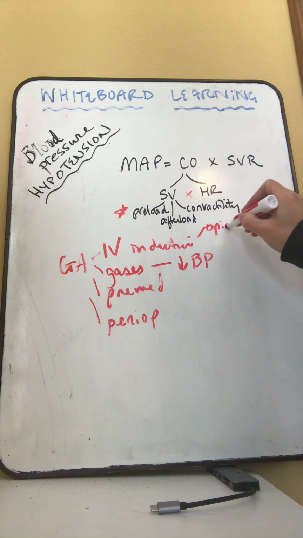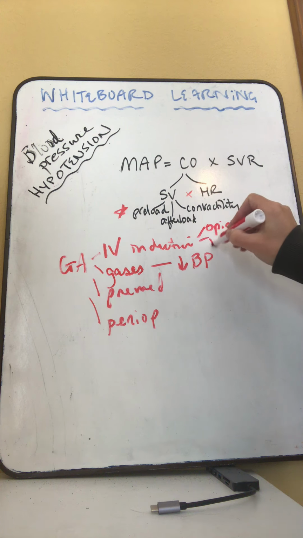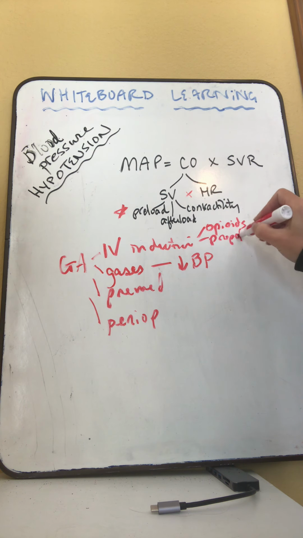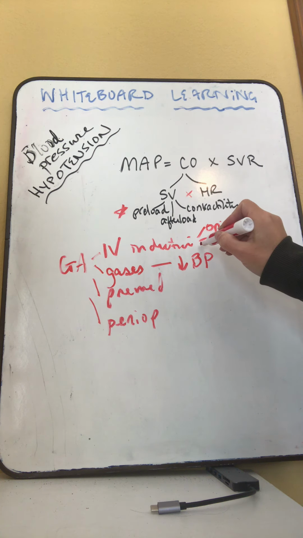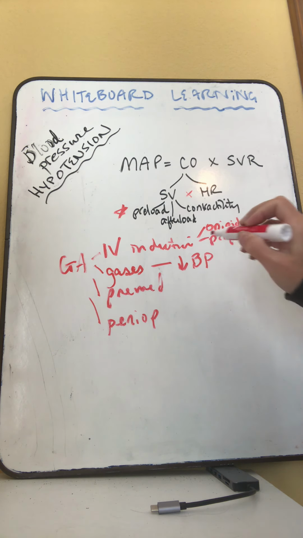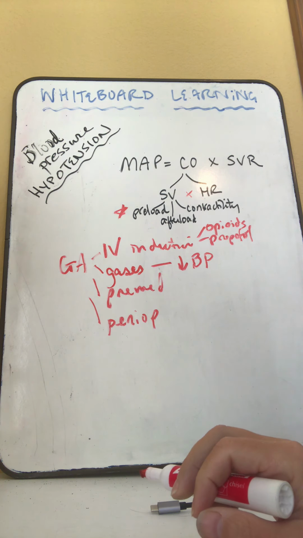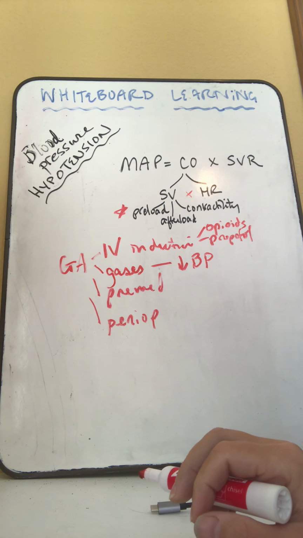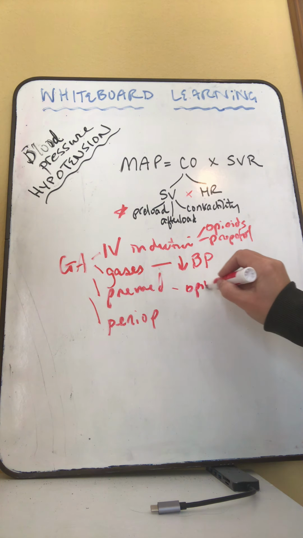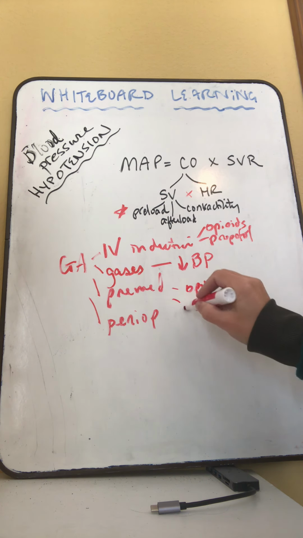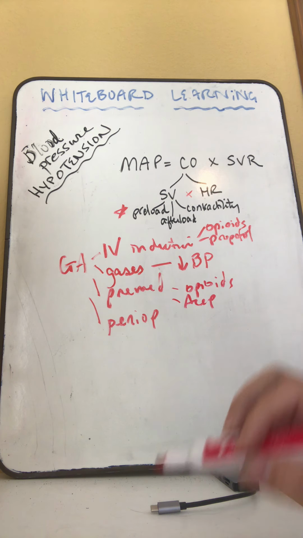So opioids and propofol, and also a little bit of Valium, those type of drugs, but mostly it's the opioids and propofol that will lower your blood pressure right away. And we think about certain pre-meds like the opioids. Acepromazine can lower blood pressure.